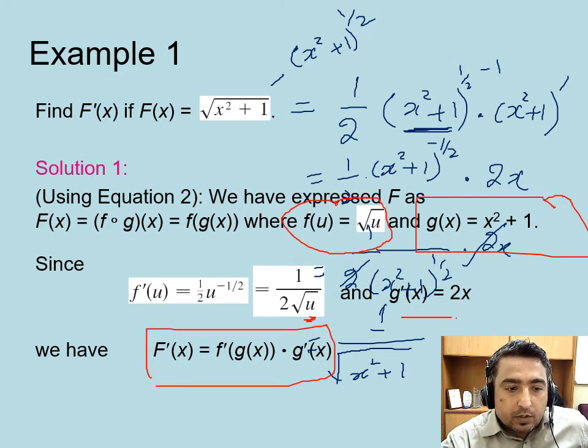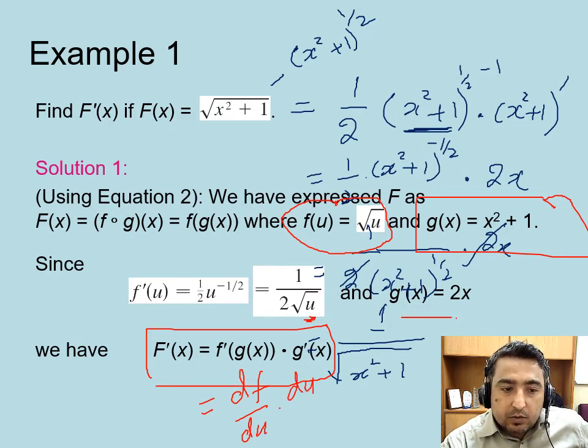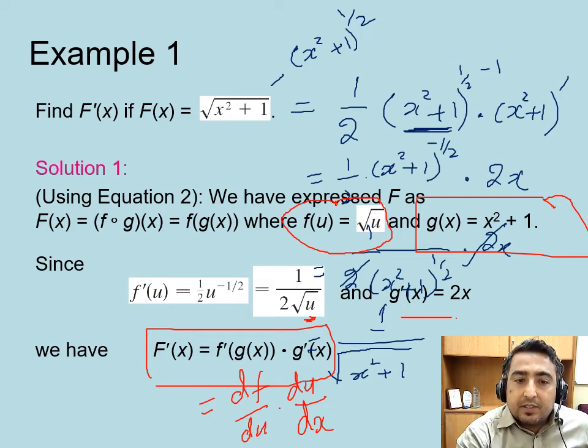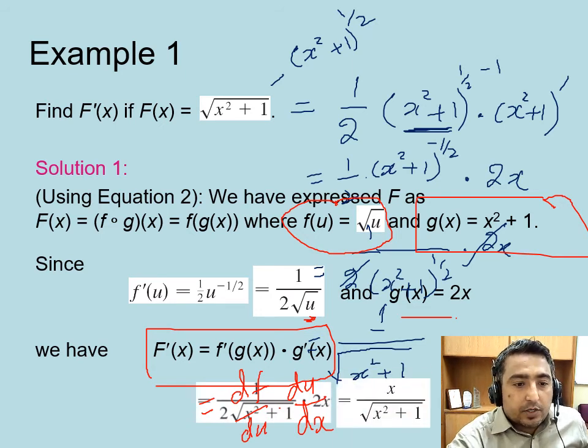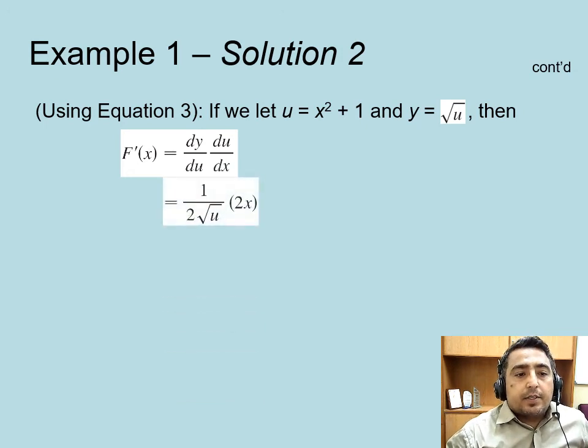Which formula do you prefer to write? df with respect to du, and du with respect to dx. So u is basically g. So this is simple example 1, and this is the same answer which we already got in the blue handwriting, and we are done.